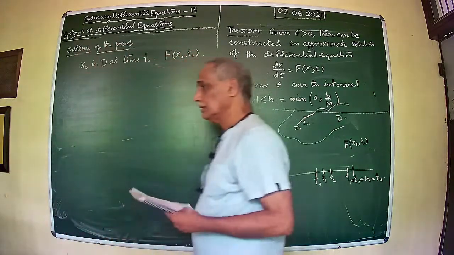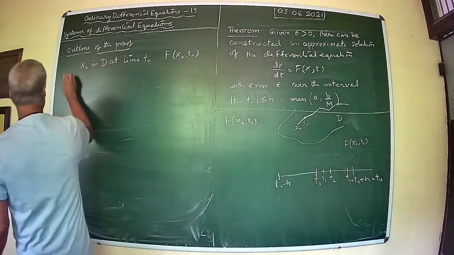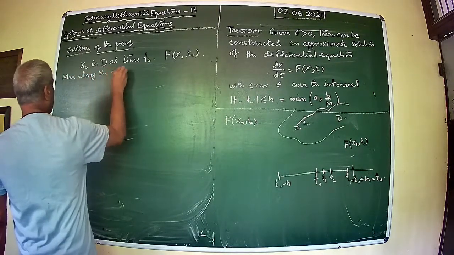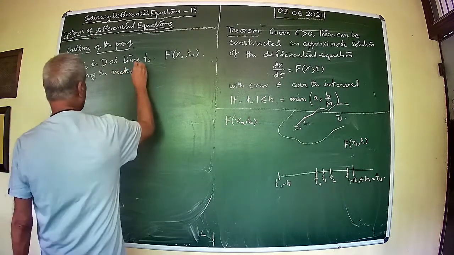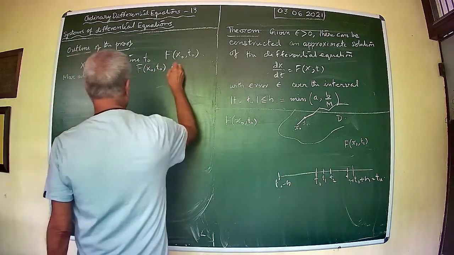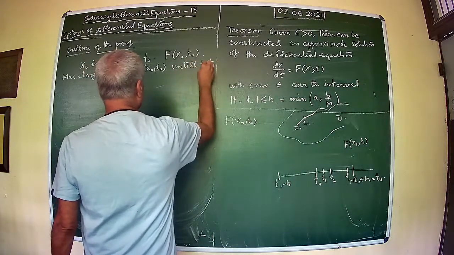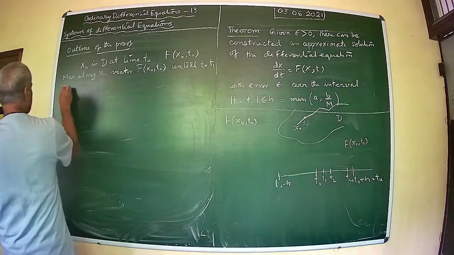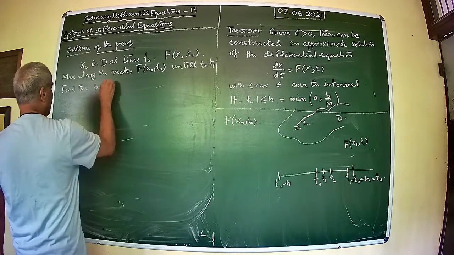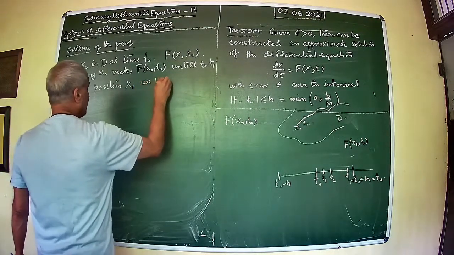You proceed further along the direction until t equal to t1. Then find the position x1 we have arrived at.